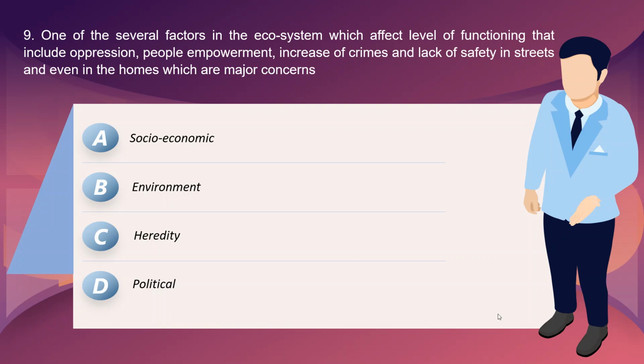So in this case, the best answer is political, not heredity. It might as well include environment, but there is a need for us to include politics here because it also highlights oppression and people empowerment. Number nine is letter D, political.